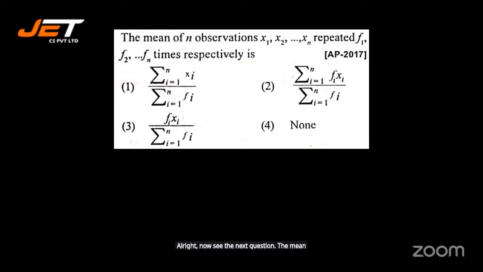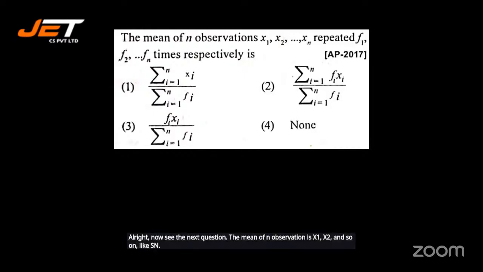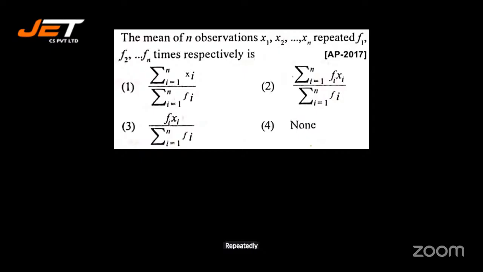The mean of n observations x1, x2, and so on till xn, occurring f1, f2, and so on till fn times respectively, is dash. So this is again a formula based question. Quickly give me the answers. Yes, think over it and then give me the answer, students.